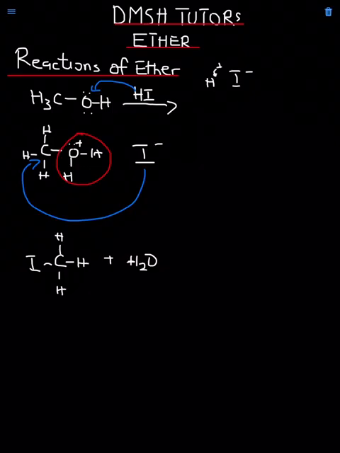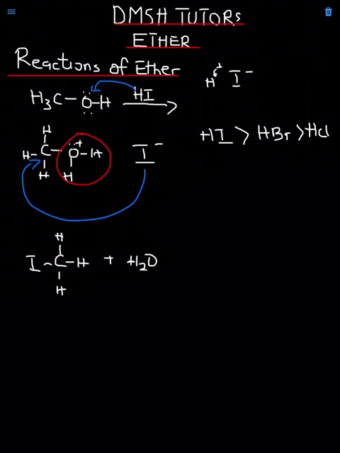This depends on the acid we use. If we use hydrogen iodide, the reaction will go faster than using hydrogen bromide, compared to using hydrogen chloride.